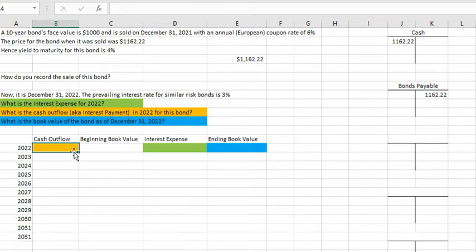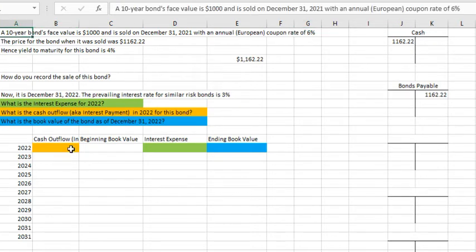So we are going to start with the cash outflow, also known as interest payment. This is where the very first percentage, the coupon rate, comes into play.